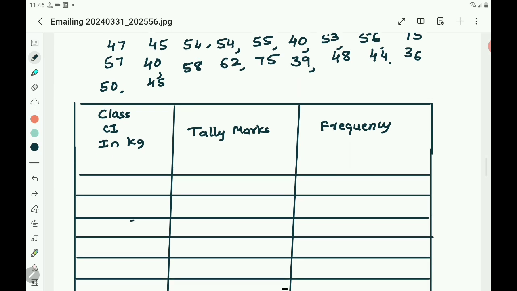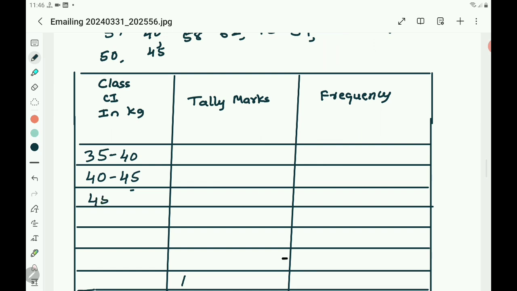So the first group you take is 35 to 40. Here the size of the class is 5. 40 minus 35 is 5. So take the size of the class 5 for each class. Next one is 40 to 45.